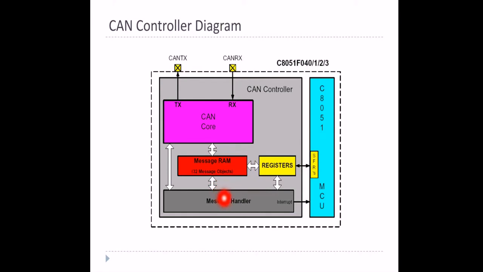Then it goes to the message handler, and the message handler will always prioritize and check for the CRC. Then it will transmit the message to the microcontroller unit. Here we have given an 8051 microcontroller. This signal goes in parallel to the MCU as well as the registers. The registers keep the permanent storage memory as well as the temporary registers.